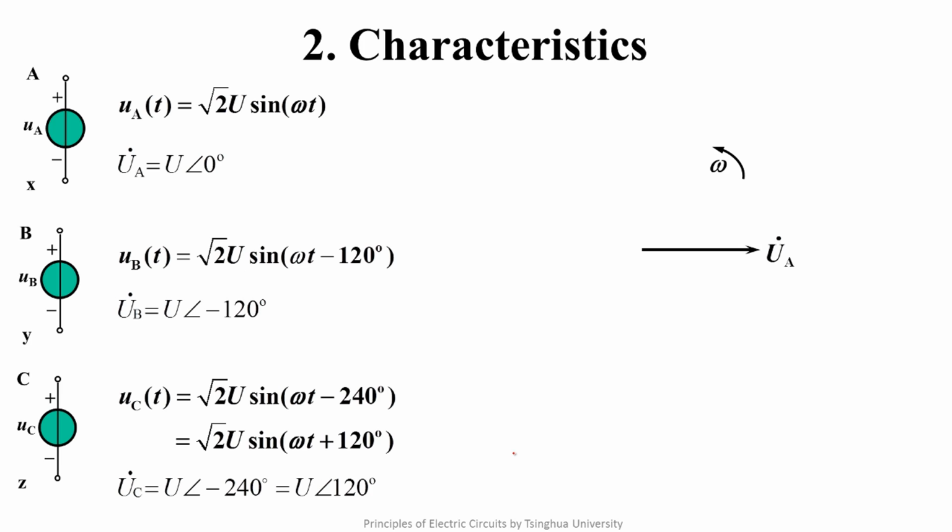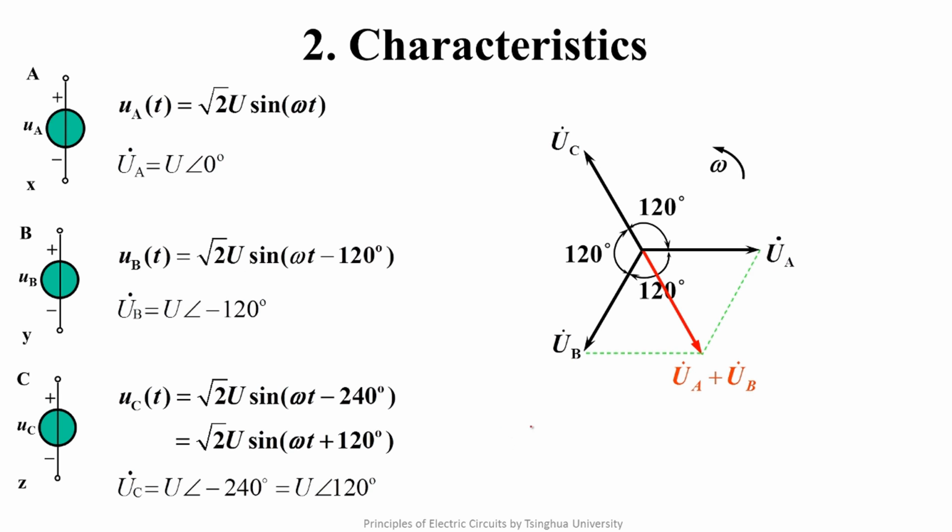This is UA, and it rotates counterclockwise with the angular frequency omega. UB lags it by 120 degrees. UC lags UA by 240 degrees and lags UB by 120 degrees. By phasor addition, we can find that UA plus UB equals negative UC. In other words, UA plus UB plus UC equals 0.